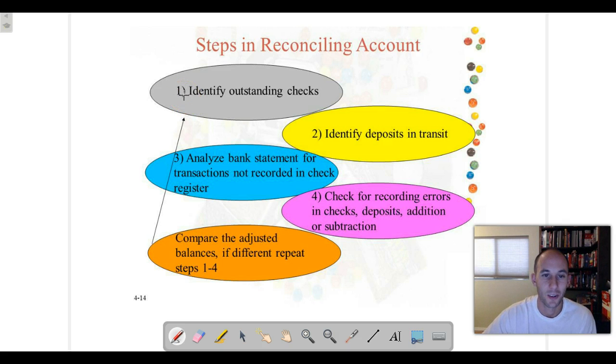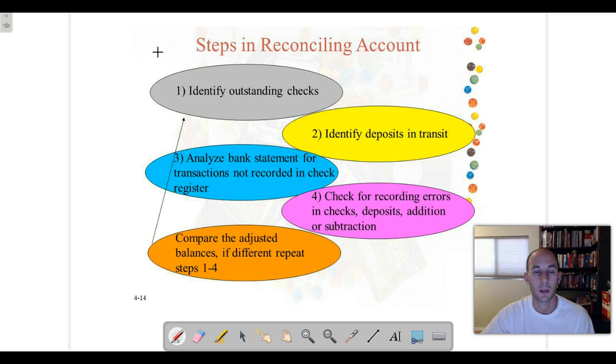So first step here, we have to identify the outstanding checks, and what they mean by an outstanding check would mean one that we've written. So say we've written check number 103 to pay our mortgage, right? So we wrote check 103 on the 29th of March.